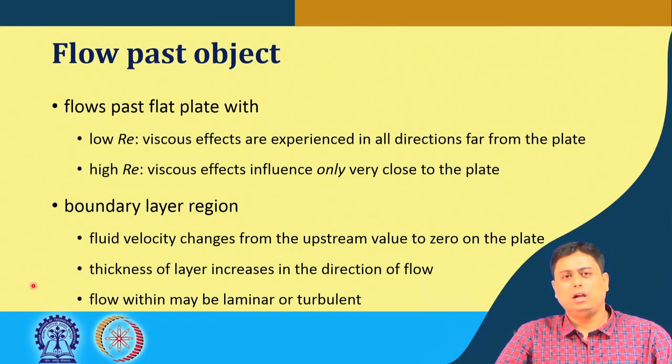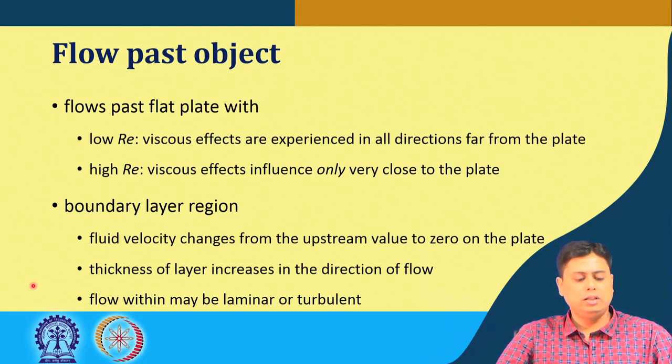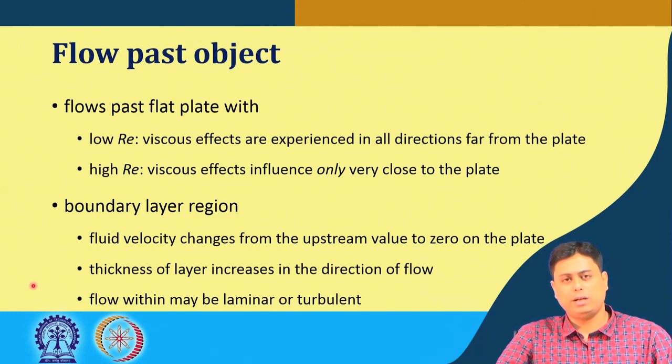So, there is no variation of the velocity gradient. Now, based on whether the flow inside that region is laminar or turbulent, the thickness of this boundary layer varies.